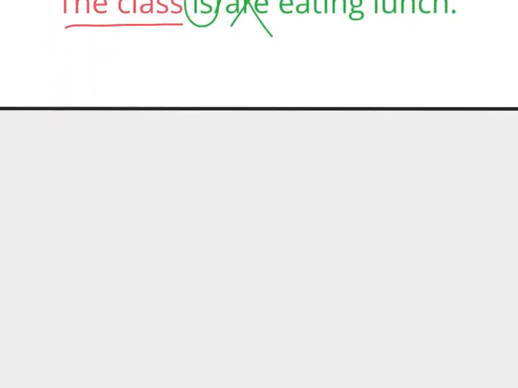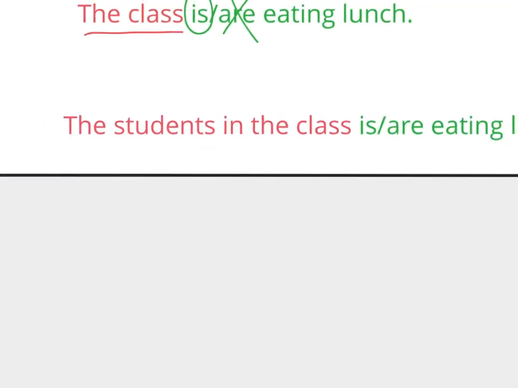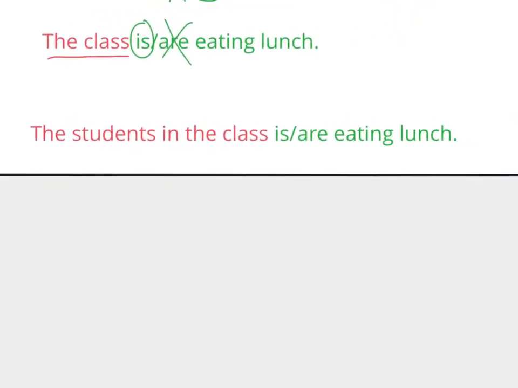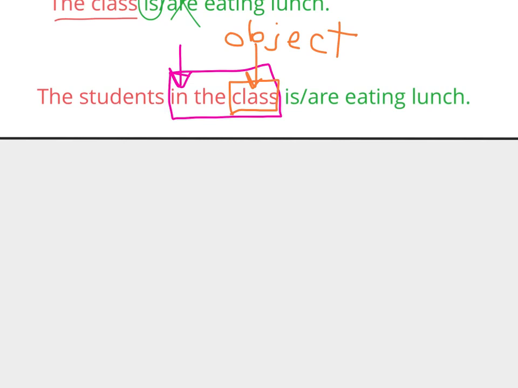Now we're going to say the students in the class. Well, we're getting good at this. We can see in the class is a prepositional phrase because it begins with the preposition in, which means class at the end has to be a noun, but it's going to be the object of the preposition in.